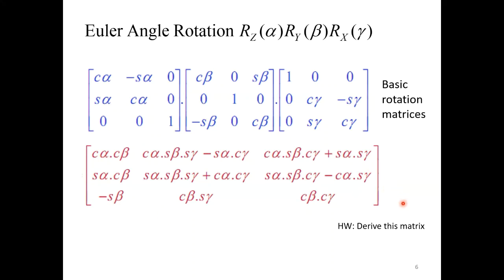So this is the orientation representation matrix, one single matrix which will represent the orientation of a frame with respect to another frame. This can be an aircraft, a ship, a vehicle, a robot, anything, using three Euler angles, alpha, beta, gamma, around the Z, Y, and X axes.